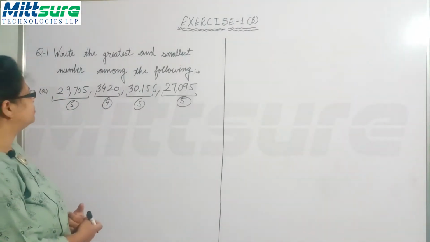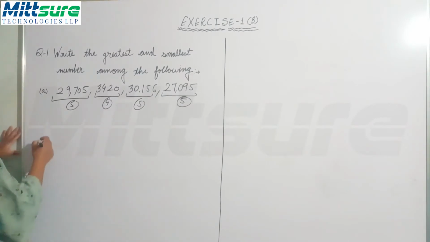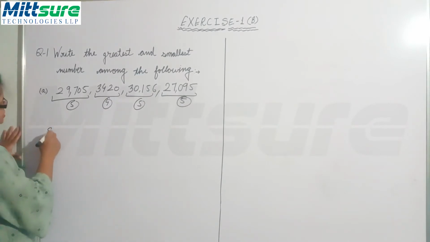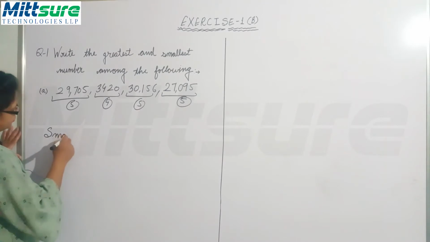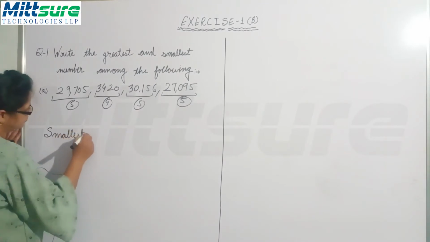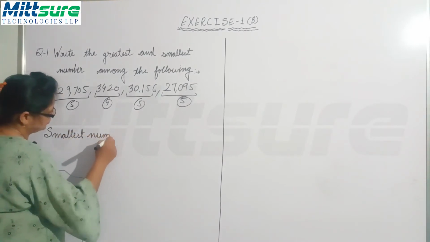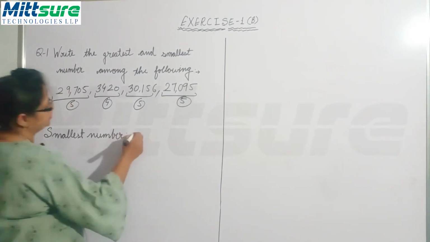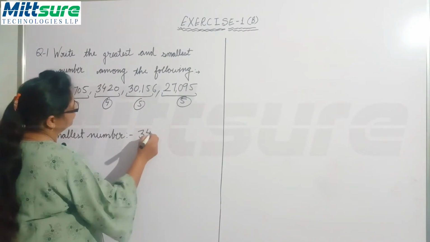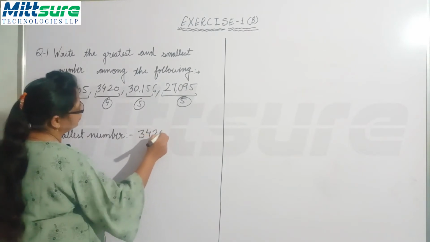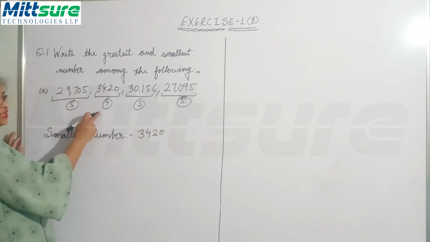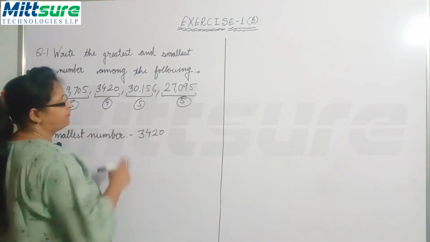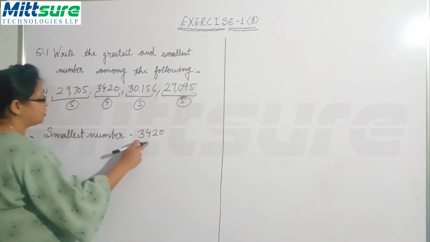So first we are writing the smallest number. And the smallest number is 3,420. This number is having 4 digits and all other numbers having 5 digits. This is the smallest number.